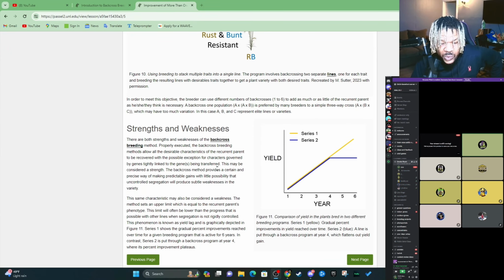This limit will often be lower than the progress that is possible with other lines when segregation is not rigidly controlled. This phenomenon is known as yield lag and is graphically depicted in figure 11. We see right here, this is series 2, with this breaking point, this ceiling, this limit that we reach, and then just boom.